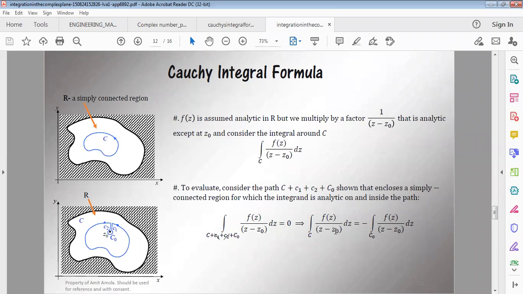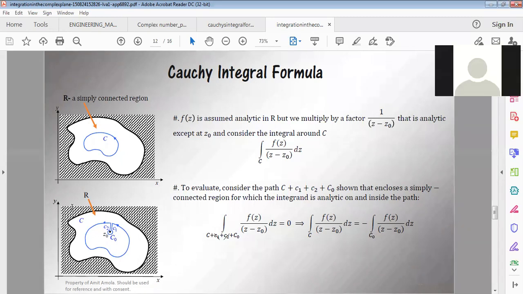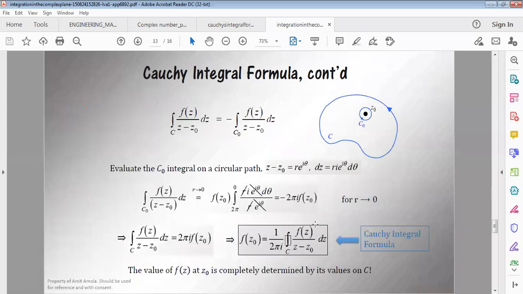Then we can write the contour integration over C of f of z divided by z minus z naught dz equals minus the contour integration over C naught of f of z divided by z minus z naught.